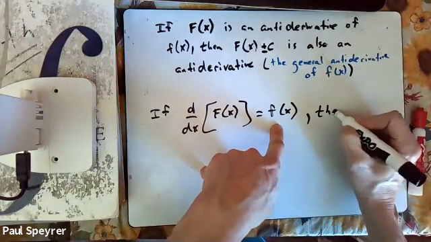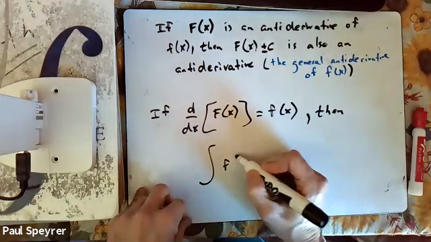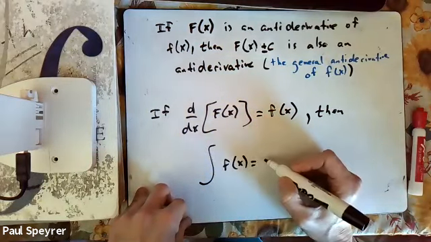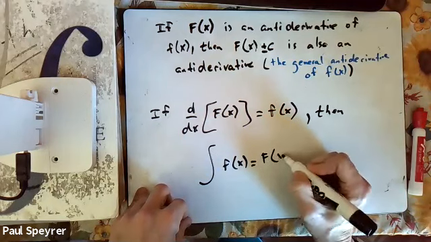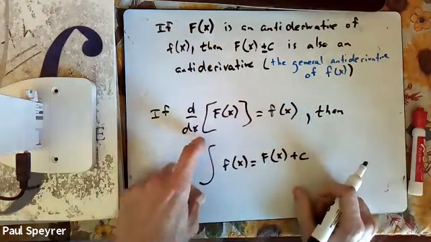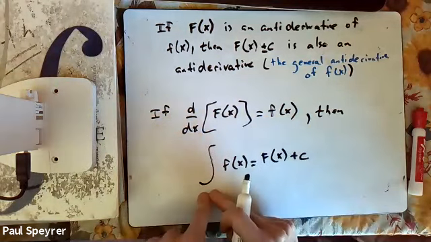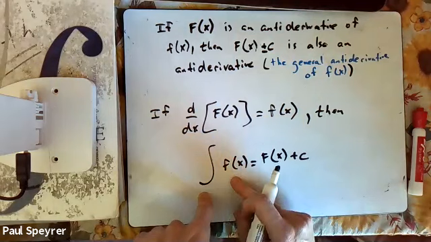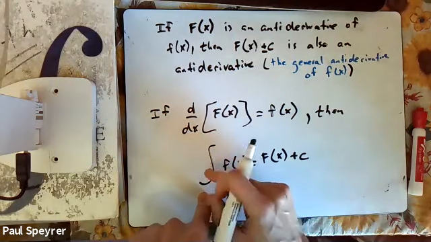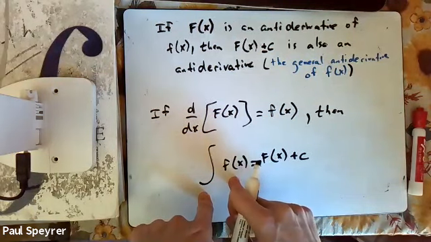Then we can say this right here. This is not an S, this is the actual symbol for integration, or finding the antiderivative of f of x. So when y'all see this weird stretched out S, that means finding the antiderivative of this function right here.